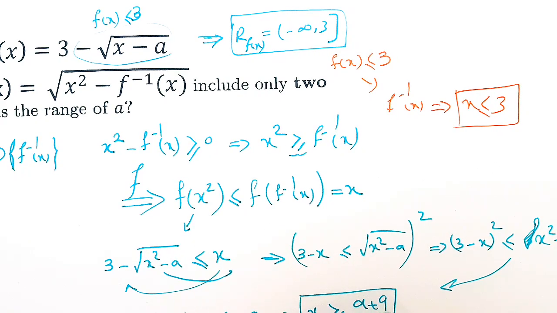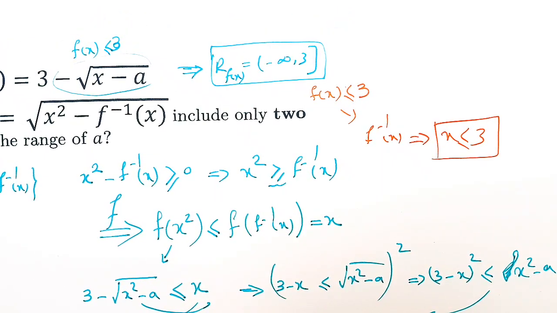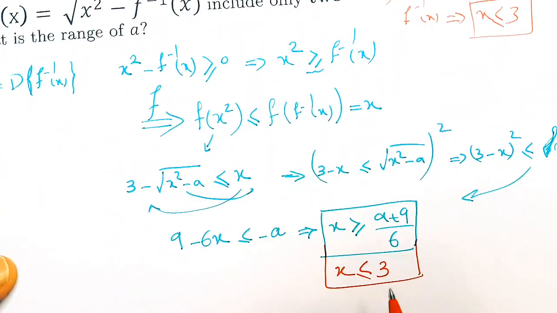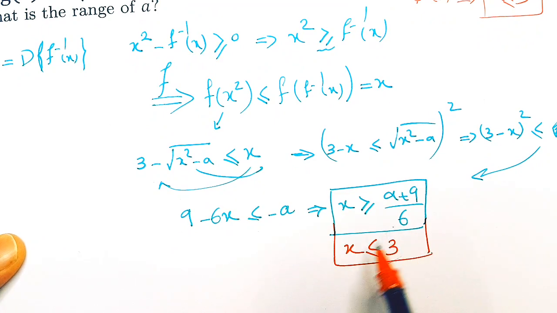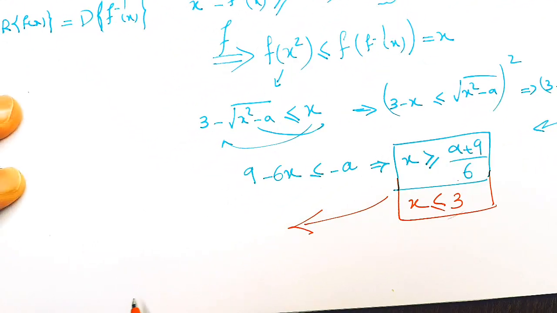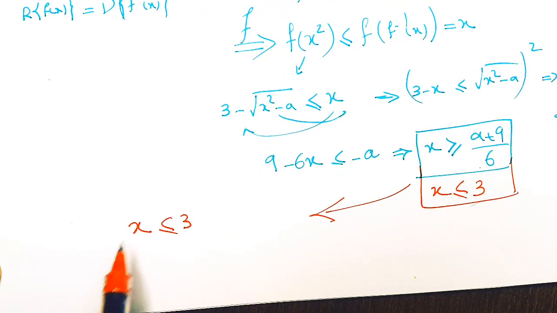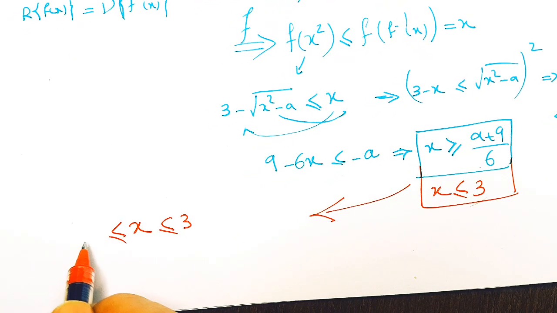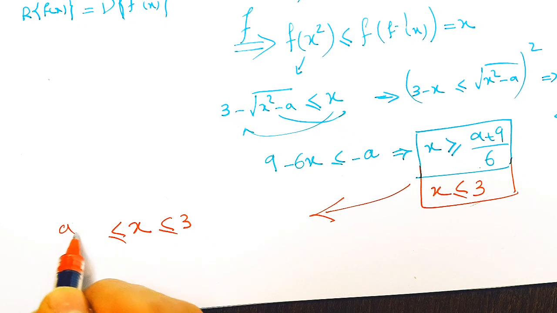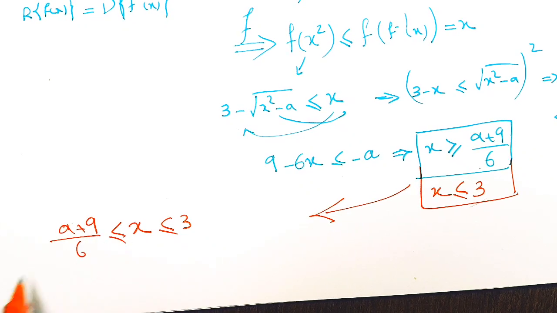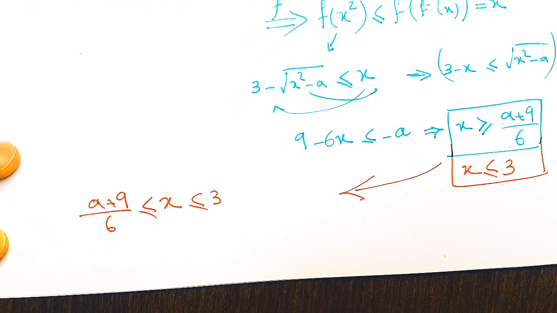Then on the other hand, we know that x is less than or equal to 3. Let's unify these two relations. Then we will have x less than or equal to 3 and more than or equal to a plus 9 over 6.